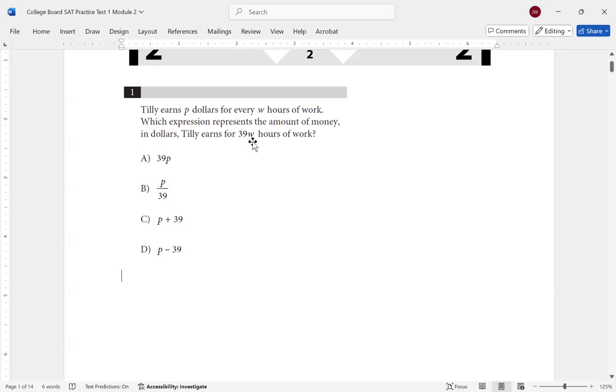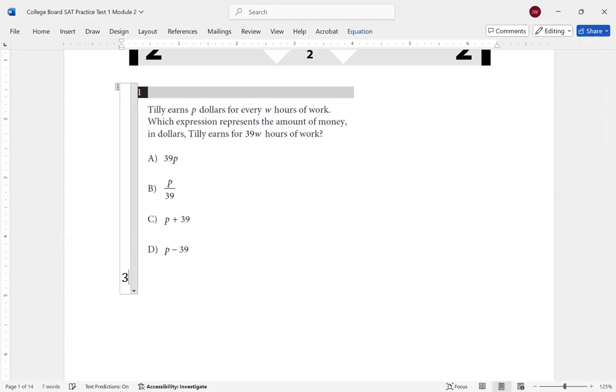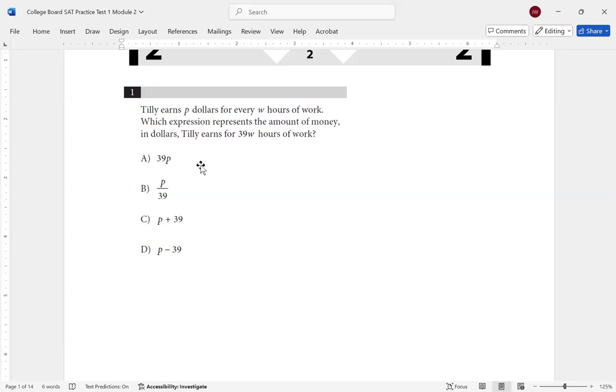So 39 is the W. If she earns P dollars an hour for 39 hours, then 39 times P, that is A, so 39P is the answer. So A is the correct answer there.